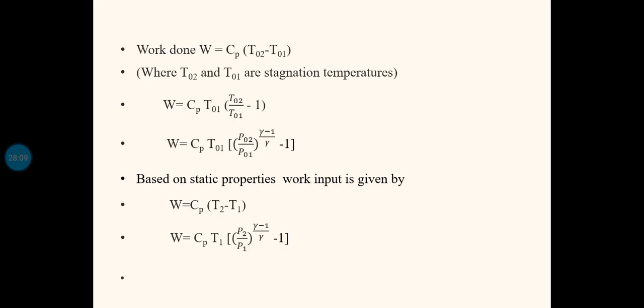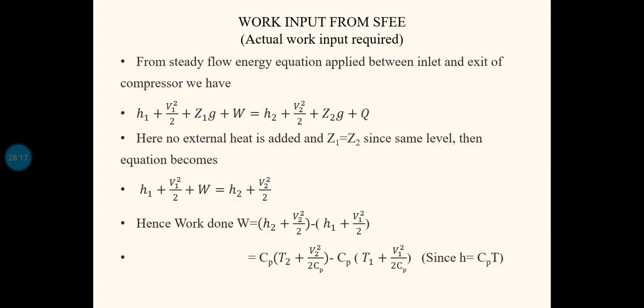So the equation reduces to work done W equal to Cp into (T02 minus T01). If you are interested in the stagnation condition, you can refer to some text. Actually, in the stagnation condition, a flowing fluid usually will have enthalpy plus kinetic energy.